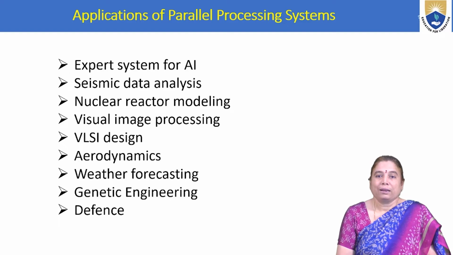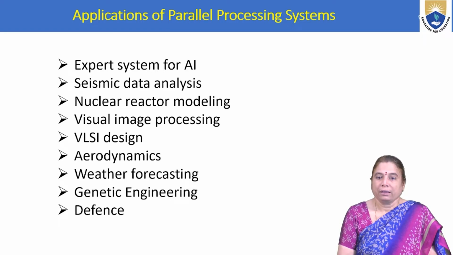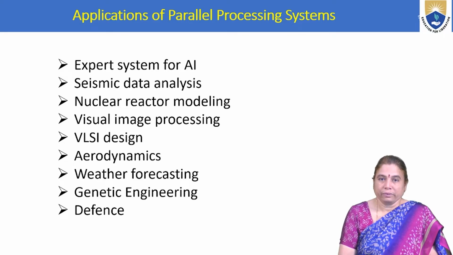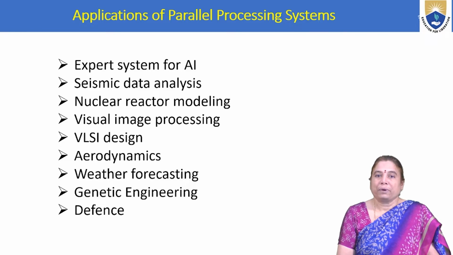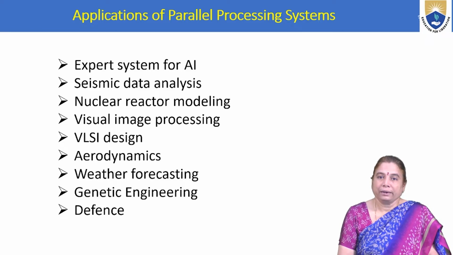Where are these parallel processing systems required? The major applications are very computationally intensive applications. Engineering and scientific applications require these parallel processing systems. Expert systems for artificial intelligence: expert systems are specialized systems dedicated to one particular purpose, and with the help of artificial intelligence these systems can be developed.